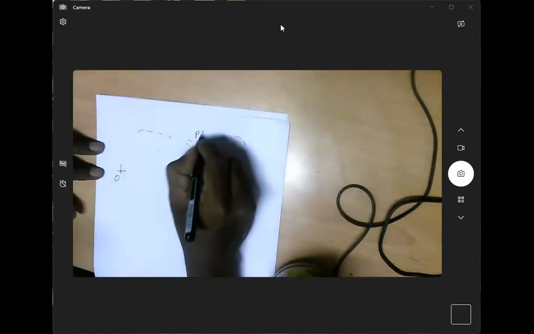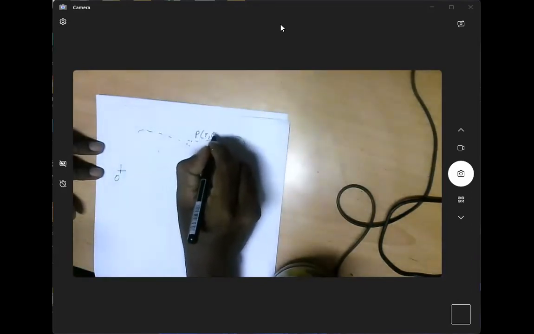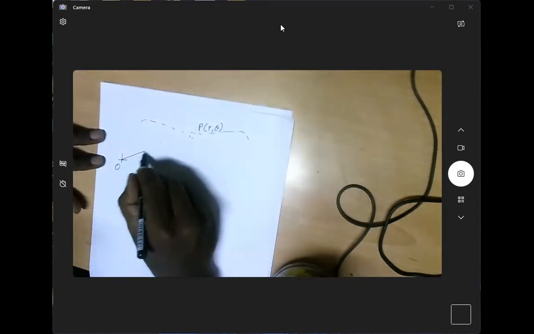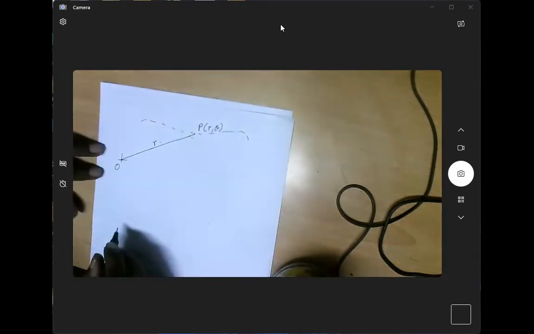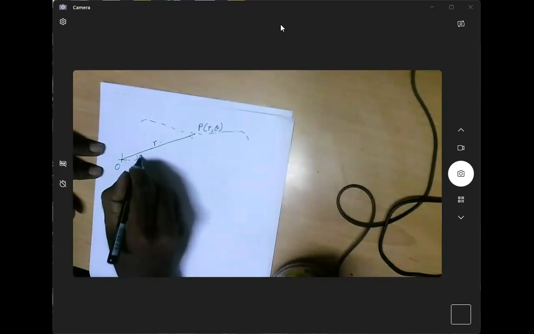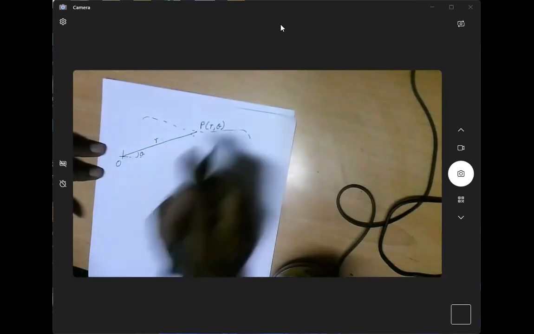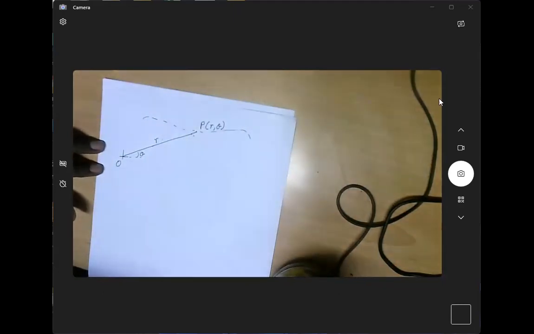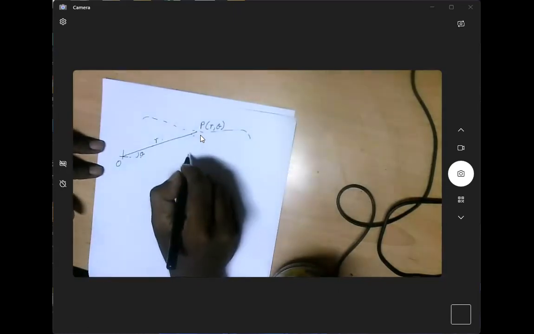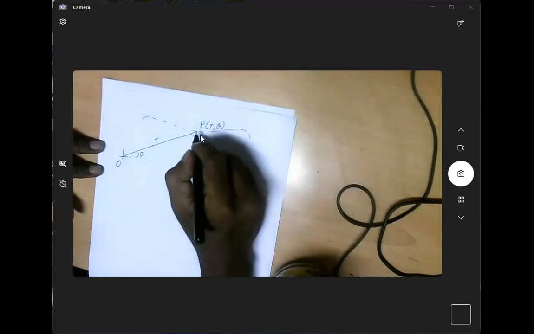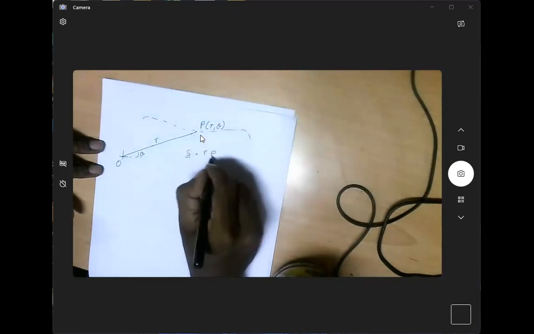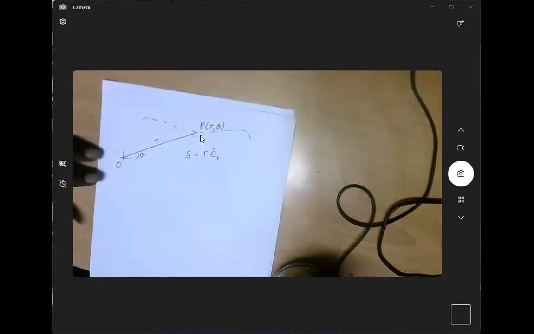At this instant, its position is r, theta. r is the vector which shows where the particle is, and theta is the angle. So when you define the position of the particle in polar coordinates, it is given by the magnitude r, and the direction of this r is e_r.